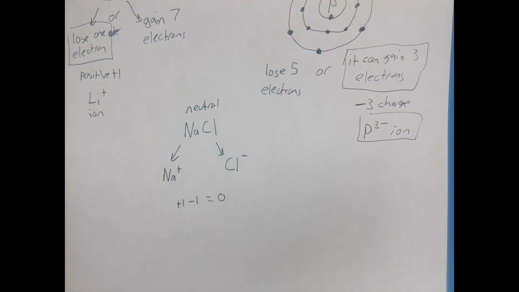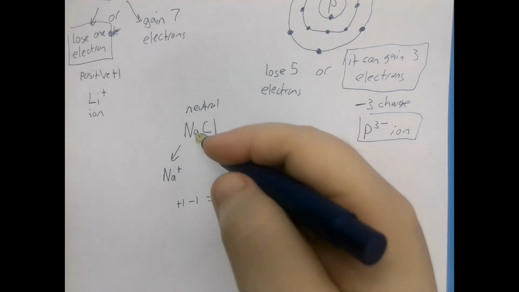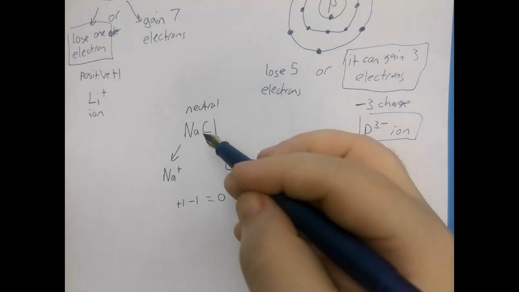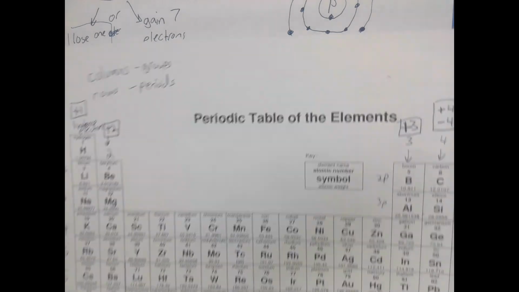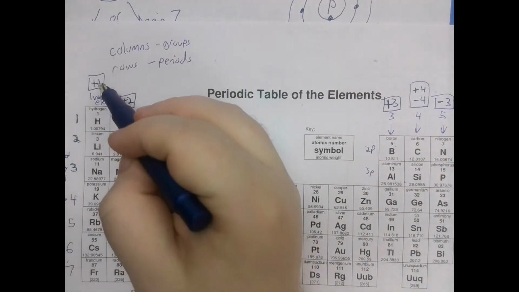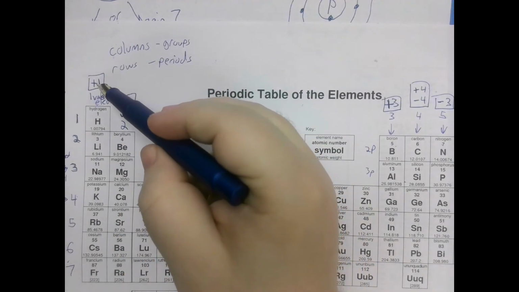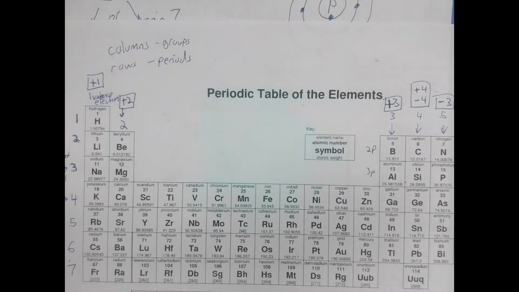Let's look at another common chemical. This is going to be how we do reactions. My point is showing you this: you need to have this down. You need to make sure you completely understand charges.